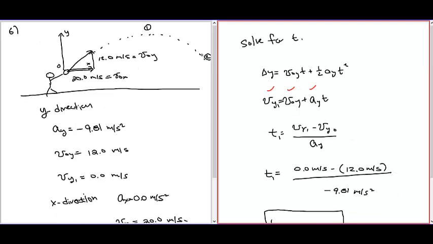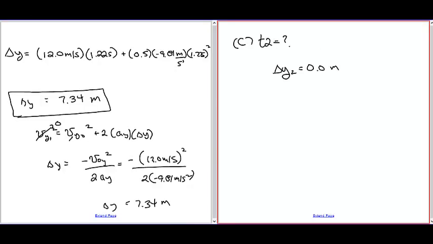So the actual total vertical displacement is 0. We know that a sub y is negative 9.81 meters per second squared, and we know that v sub y0 is 12 meters per second.